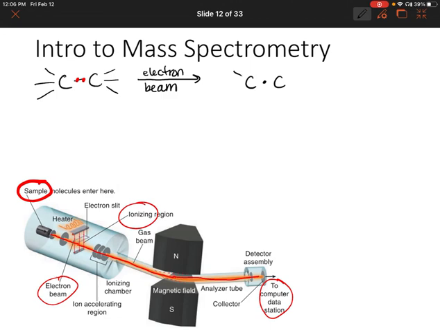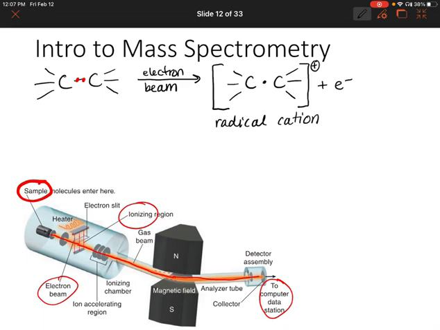So now there's only one electron sitting in between those carbons. So that means that this molecule is now positively charged because it's missing an electron. And it's also a radical because it only has a single electron there in between the carbons. So we call this a radical cation.